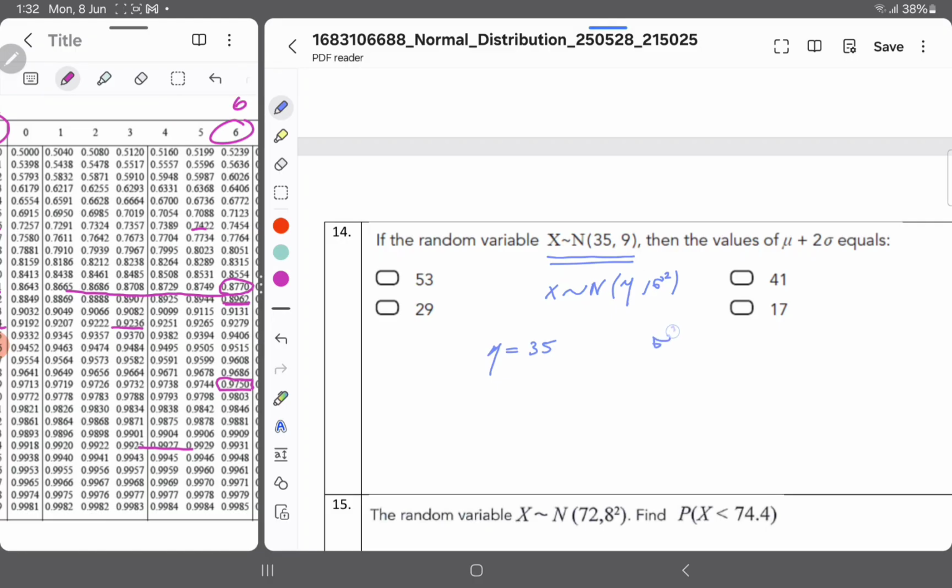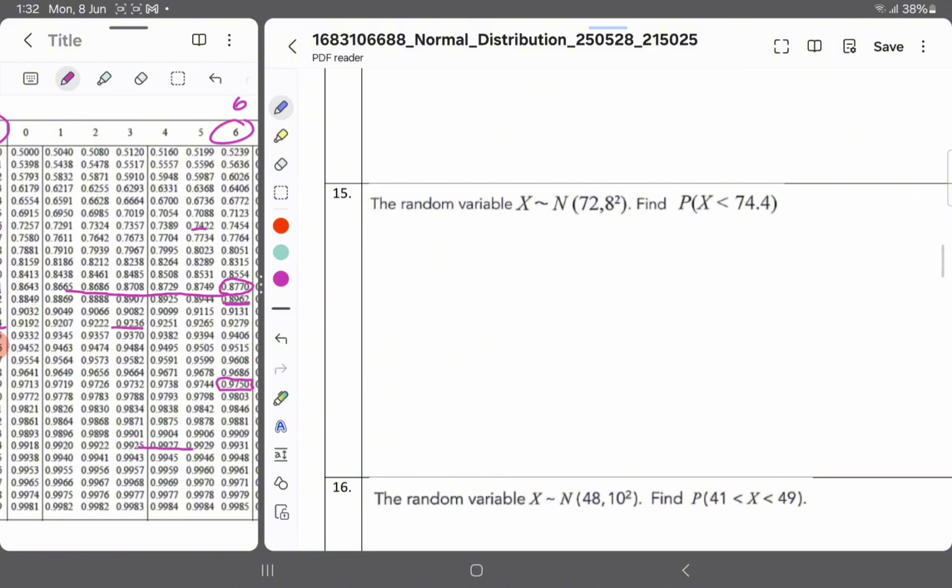Sigma squared equals 9. Attention to that. So sigma will be the root of 9, which equals 3. But here he wanted to find mu plus 2 sigma. Now substitute. The mu, which is the mean, is 35, plus 2 times 3, which is 6. 6 plus 35 will be 41.